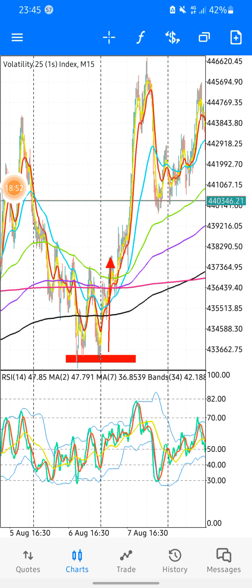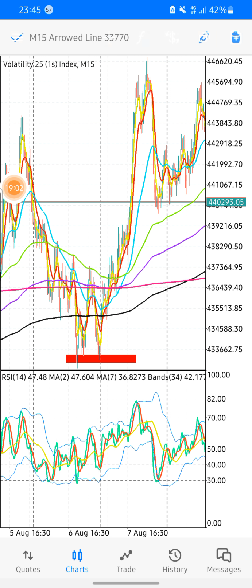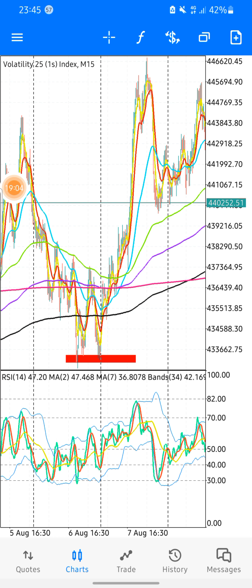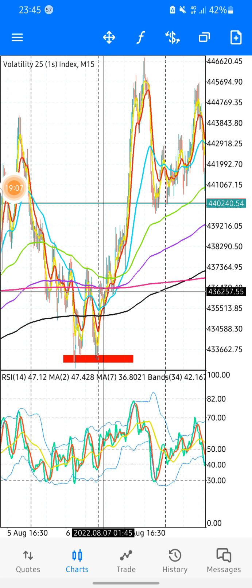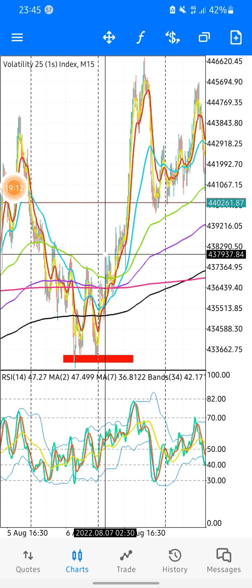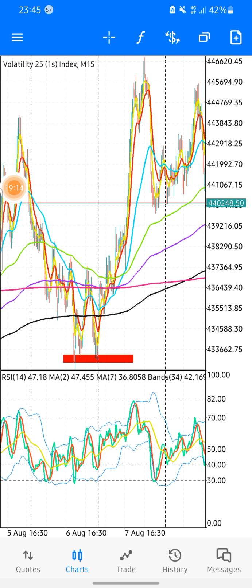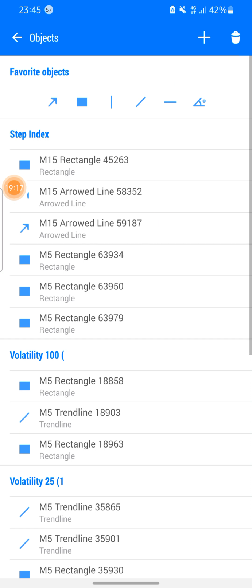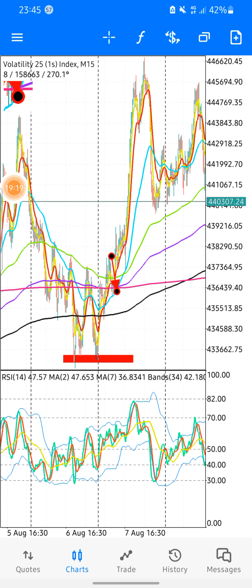Having made this impulsive move, price then, when it reached this point here at 437.937, made this retractive move, where I've put my arrows, back to the 50 EMA, right?